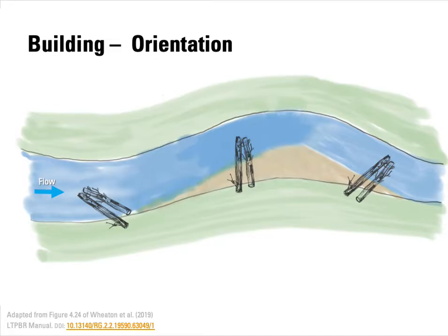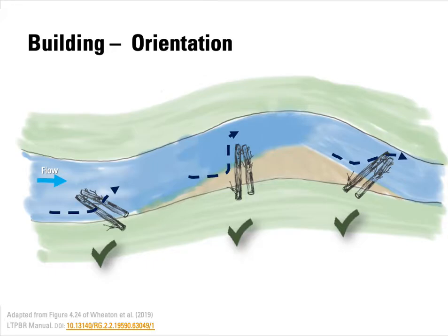All right, one of the first steps when you decide where you're going to build your structure and how you're going to tie it in is, what's the orientation of the material? I'm showing here you can orientate a bank attached PAL upstream, across, or downstream. Many people have been taught in the past to build deflectors facing upstream.